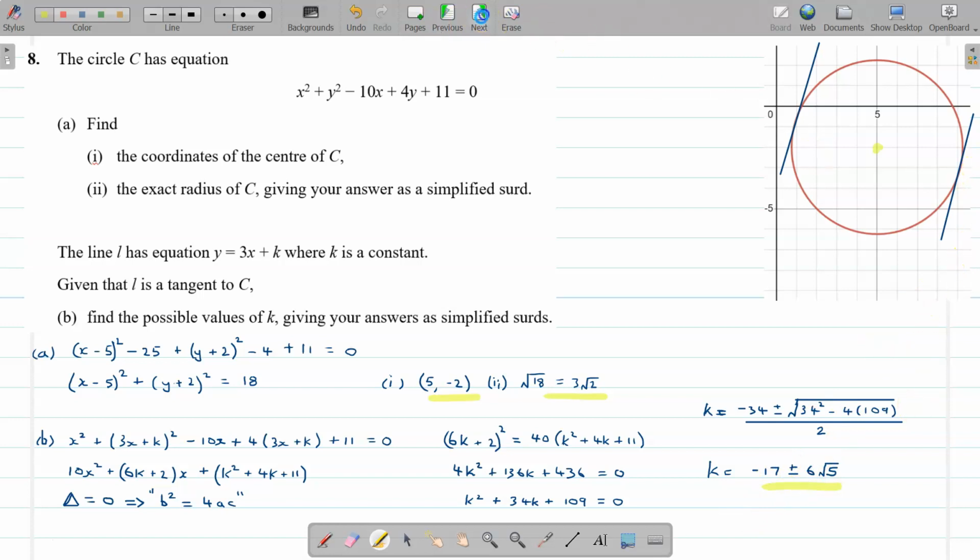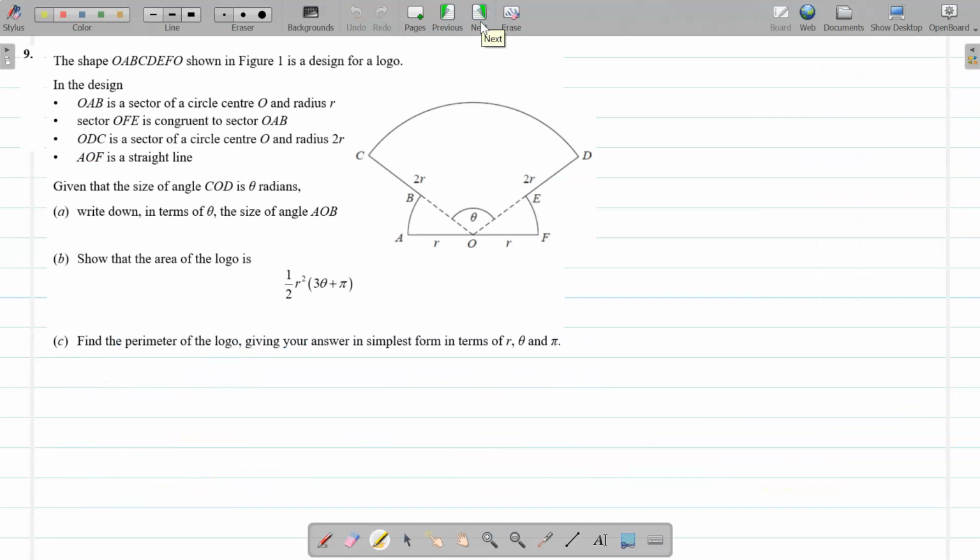Okay, next question. Now we have this slightly unusual question, this logo that's in the shape of all of that really that you can see, and there's lots of information about it there describing what's in the diagram, and we've got to write down in terms of theta the size of angle AOB.